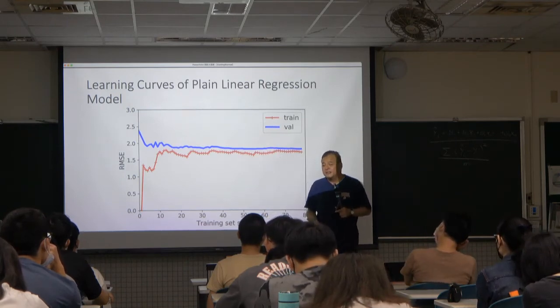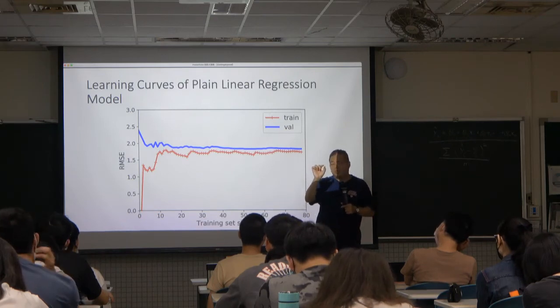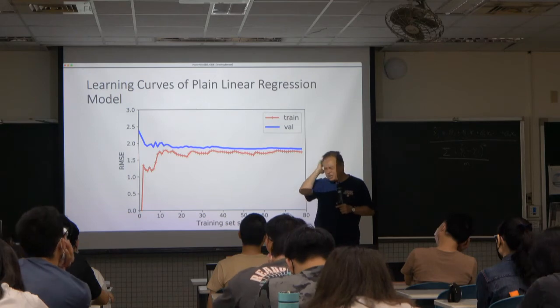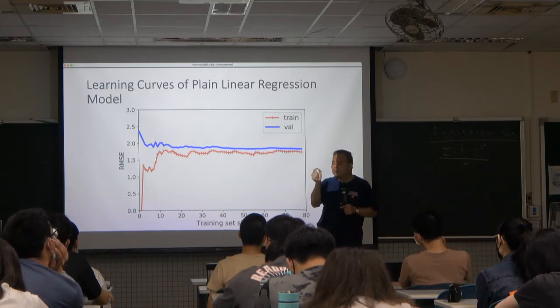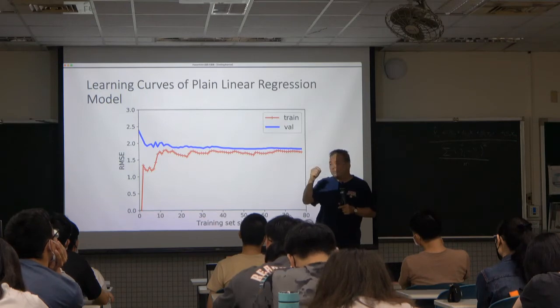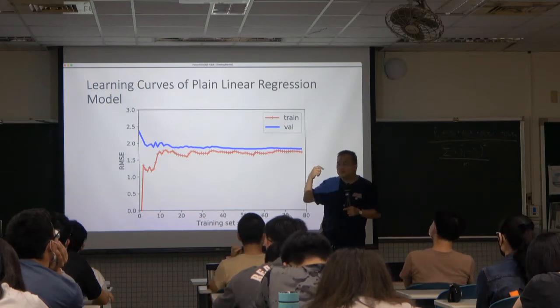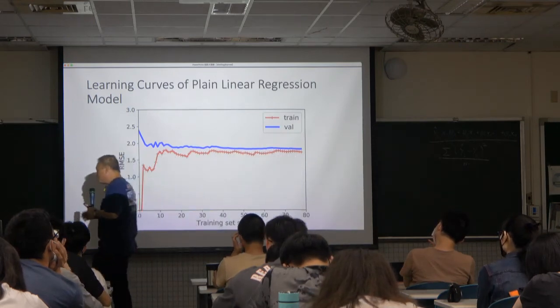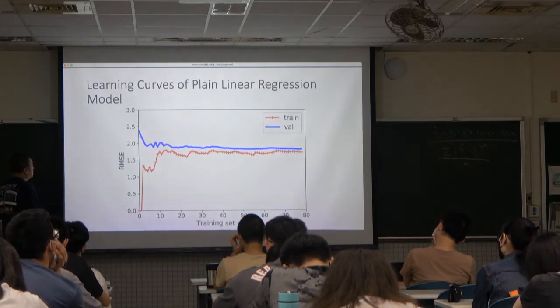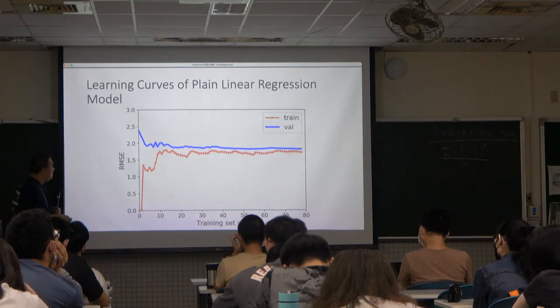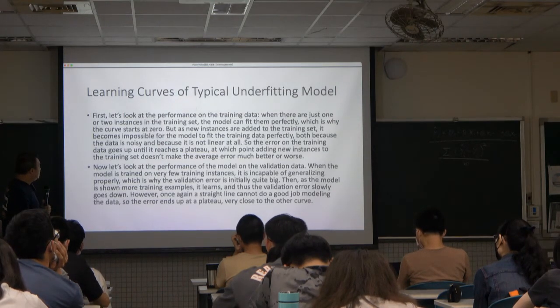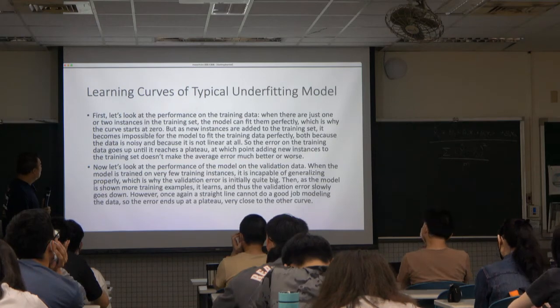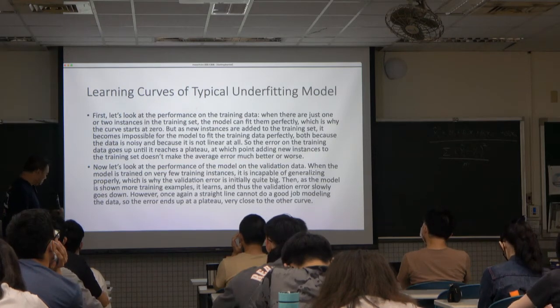So the error you estimate from the training set should be slightly lower than the error you estimate from the validation set. This is the learning curve you normally see. I think I already explained this slide.